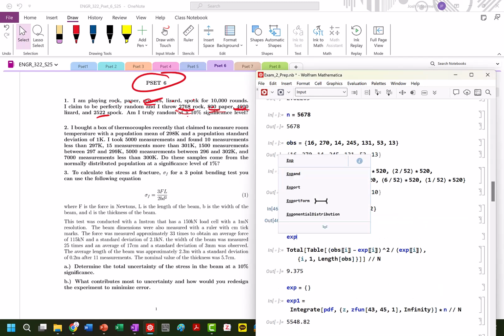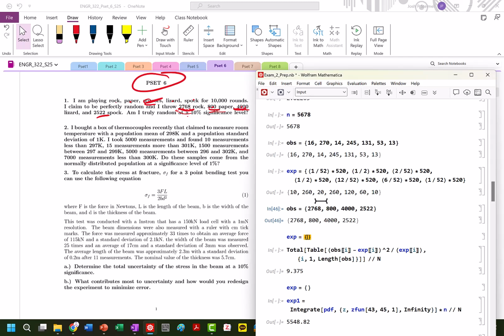My expected is just going to be equal to a fourth, a fourth, a fourth, a fourth, all multiplied by 10,000.